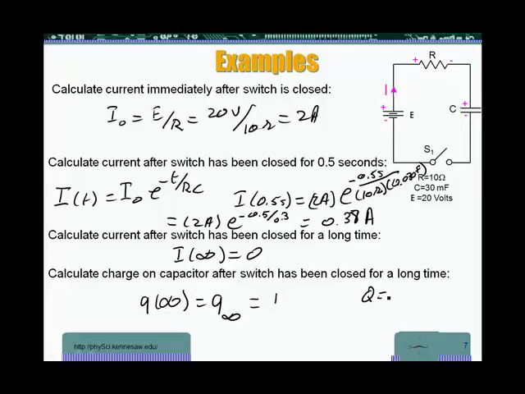Remember the equation, Q is equal to CV. So it's going to be C times E.